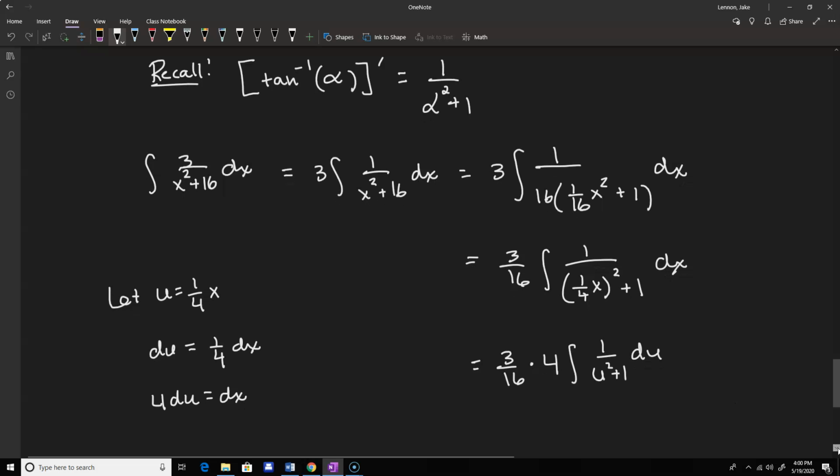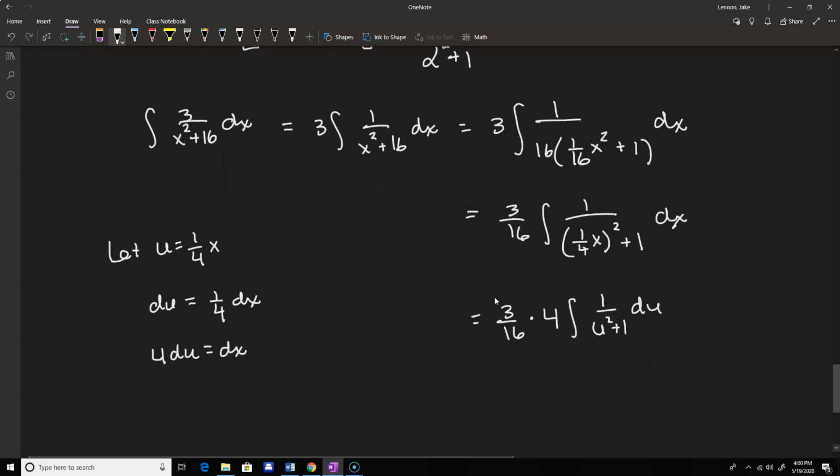So we're almost there. The 4 and the 1 over 16 will cancel, so we can just write that as 3 over 4. And then the antiderivative of 1 over u squared plus 1 is just going to be the inverse tangent of u plus our constant.